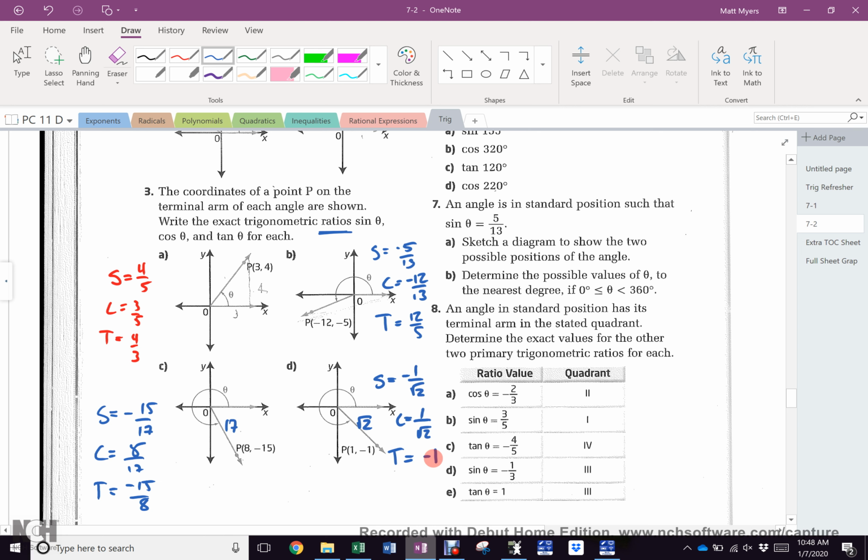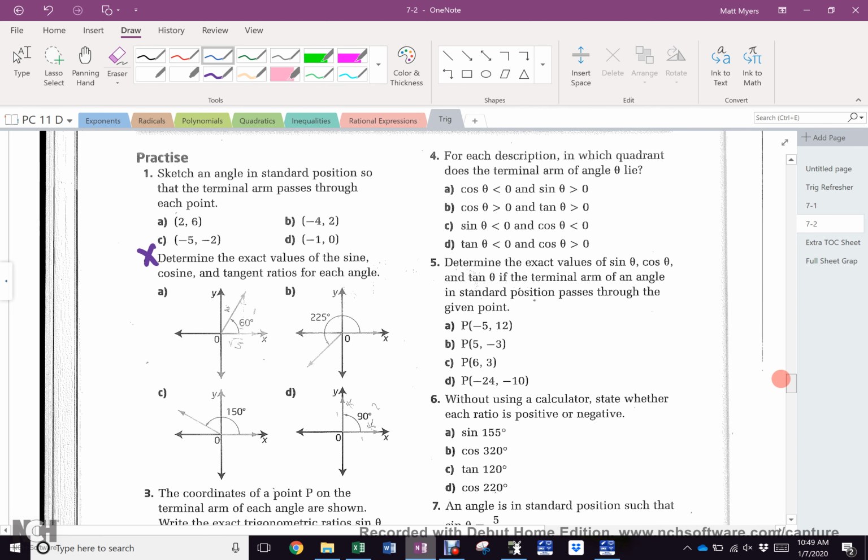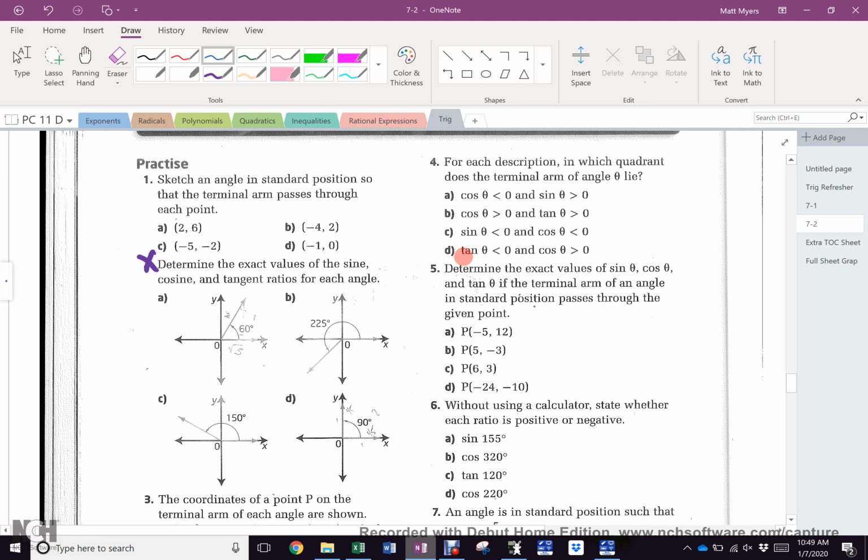Everybody cool? Should I go a little further? You should be able to do 4 pretty easily. Cos is negative, sine is positive. What quadrant? Cos is positive in quadrant 1. Where's the only place that sine is positive and cos is negative?